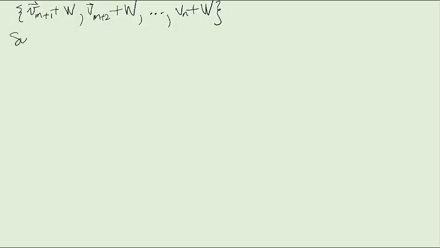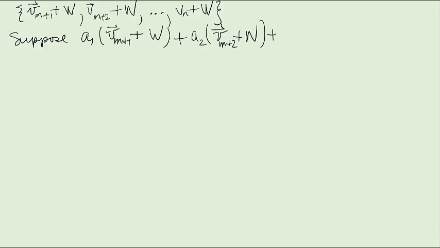Let's suppose that a1 times the coset v sub m plus 1 plus W plus a2 times the coset v sub m plus 2 plus W plus, and now this will be a sub n minus m times the coset v sub n plus W is equal to the zero vector.